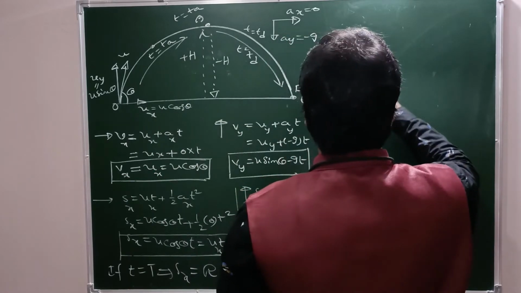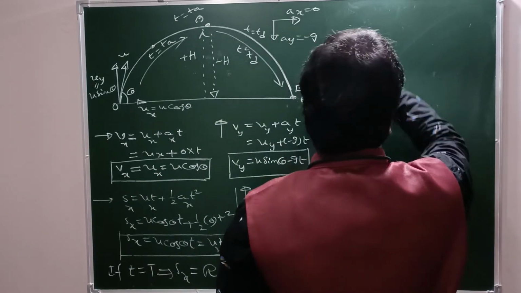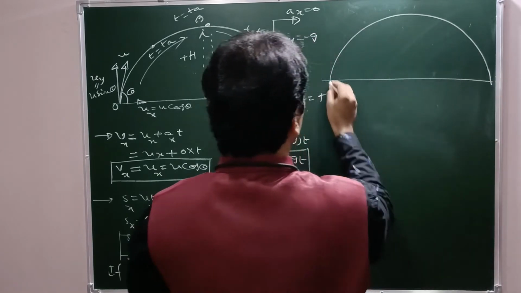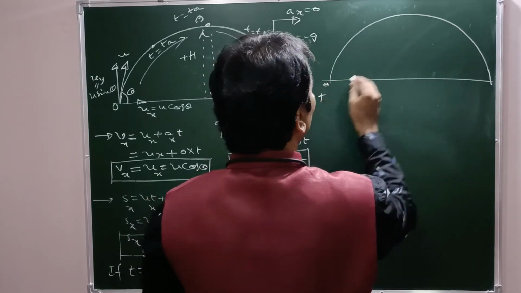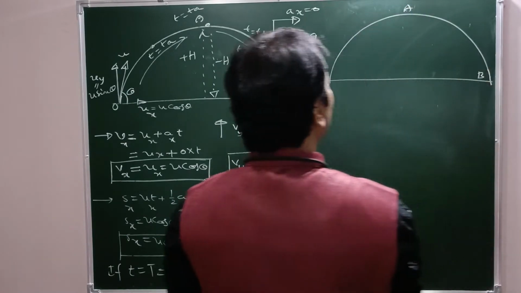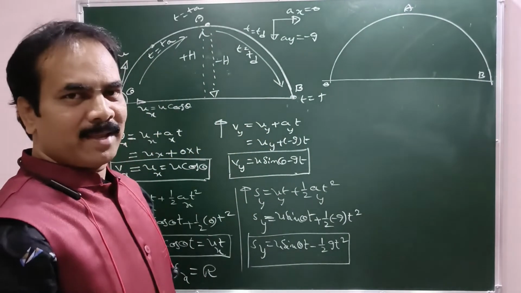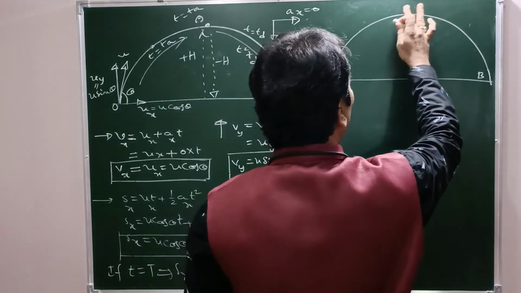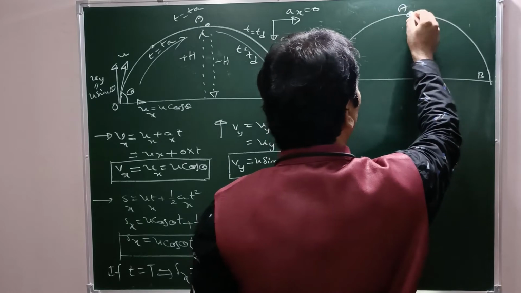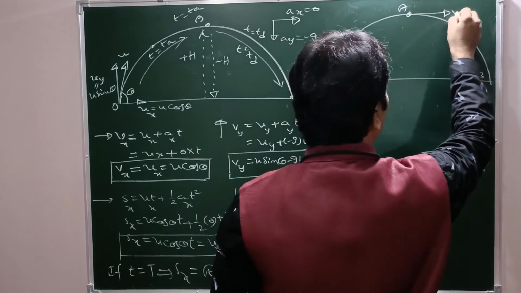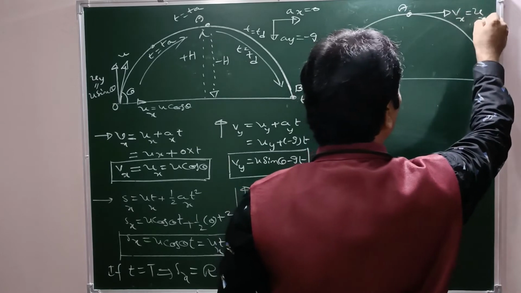See here, this is the path of the projectile. I am taking three points on the trajectory: O, A, B. At the highest point, what about the vertical velocity? It is 0. We are left with only horizontal velocity, that is Vx equal to Ux.